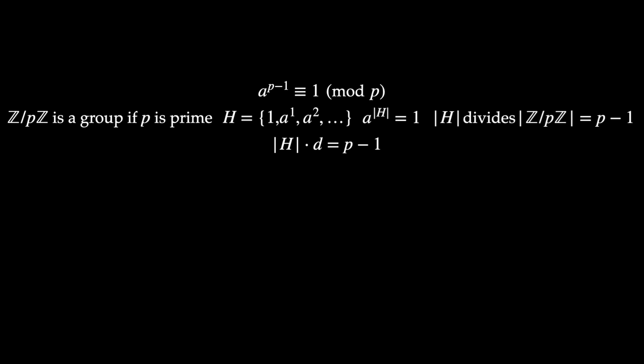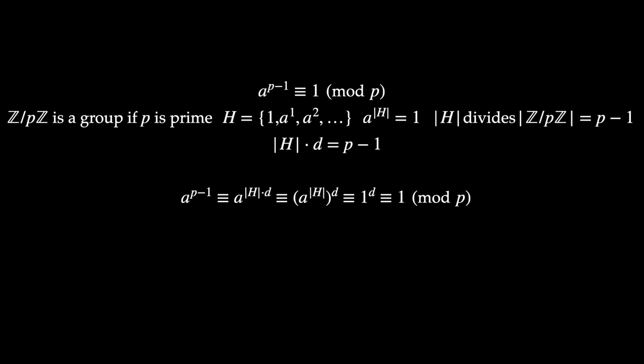Using this, we can get this chain. A to the p minus 1 can be expressed as A to the order of H times d, which can be expressed as A to the power of the order of H, to the power of d, which is 1 to the d, which is 1 mod p, thereby proving this theorem.